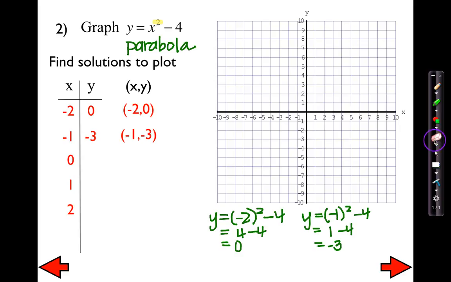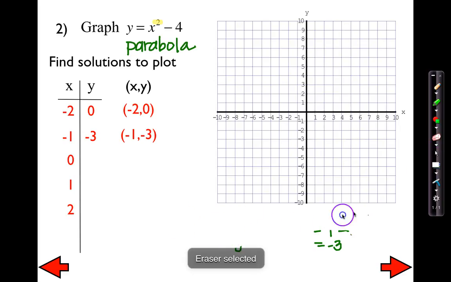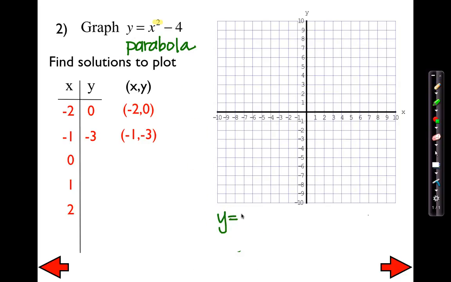Next one, I'm going to make some more space. Using the equation, y equals, instead of x, you're going to put 0 squared minus 4, which is 0 squared is 0, minus 4 is -4. So my ordered pair is (0, -4). Almost done.